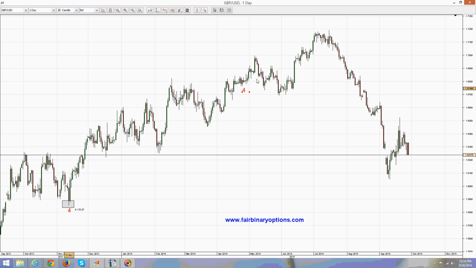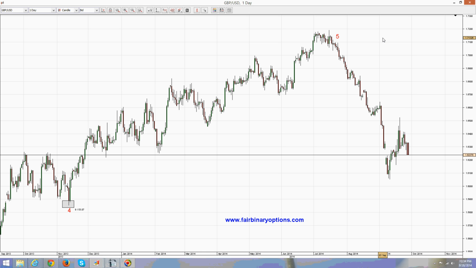This five-wave structure to the upside is an impulsive move, but it is not any kind of an impulsive move. It is being called a terminal impulsive move, and due to this fact, all the waves that are part of this fifth wave are corrective, but nevertheless they should be labeled with numbers and not with letters.